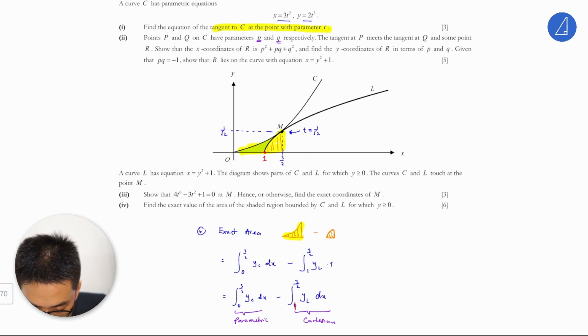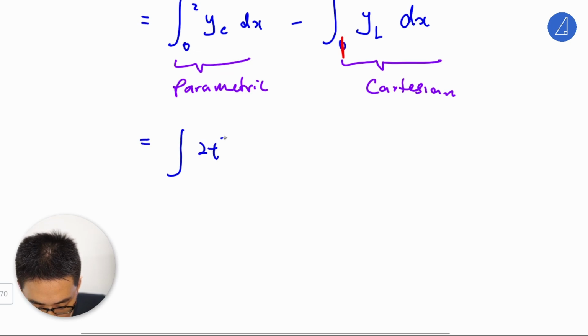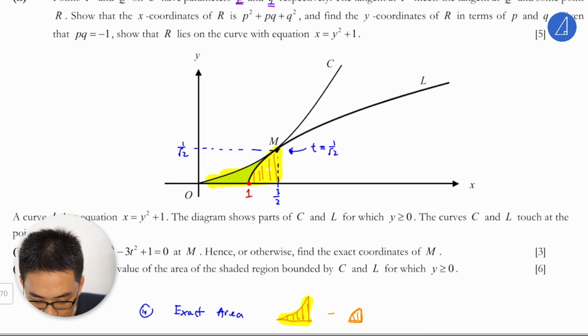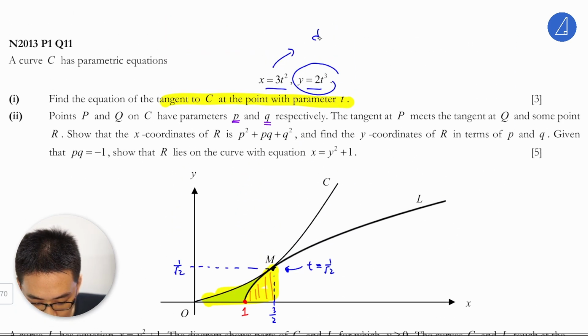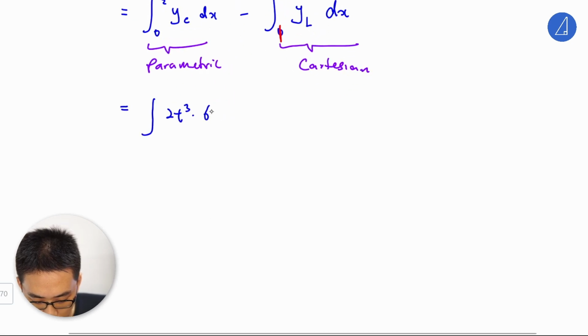yC is 2t cubed. dx/dt we found just now is 6t. So this one to write in your paper: dx is equal to 6t dt.